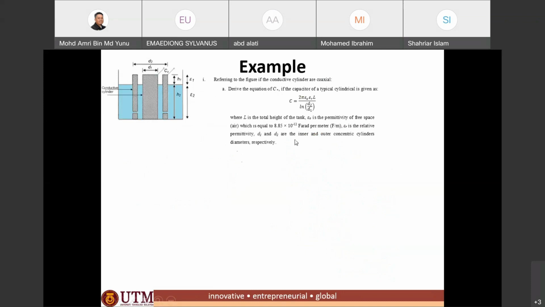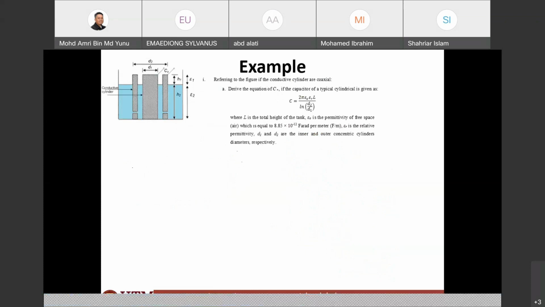Okay, so referring to the figure, we look into how we can derive the equation here. The final equation is given by this formula.